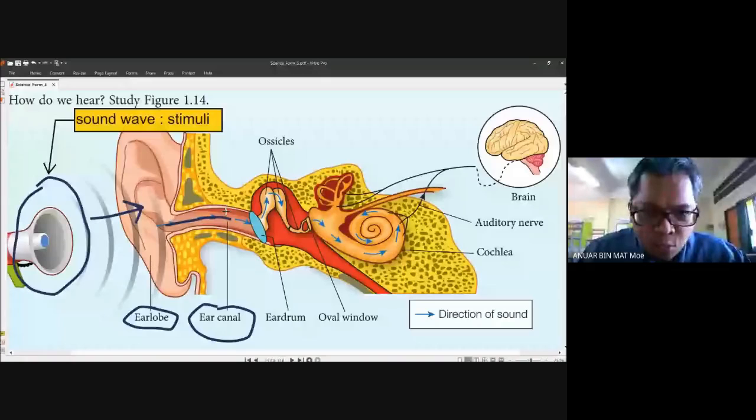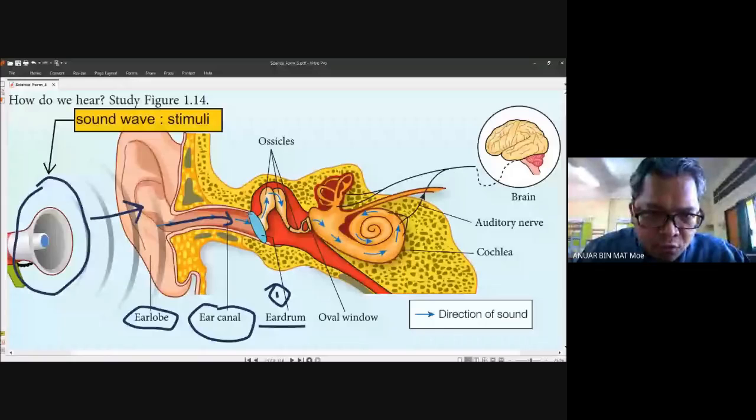Okay. Earlobes gather the sound, and then it will go through where? The sound will go through the ear canal right here, and then it will hit what? Number one, it will hit the eardrum. This is the eardrum over here. So what happens to the eardrum when it's being hit?